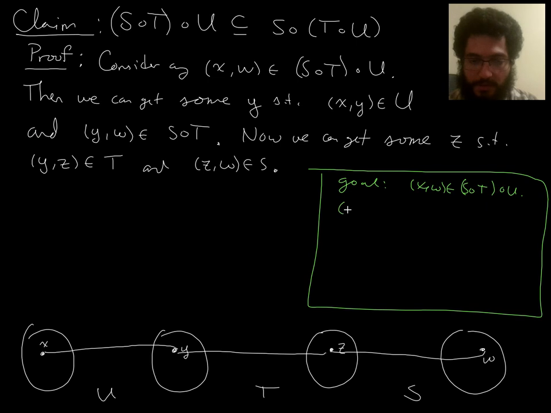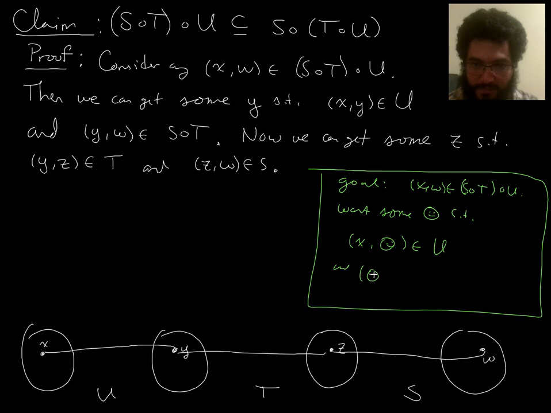So I want some, let's call it smiley face, such that X smiley face is in U and smiley face W is in S composed with T.